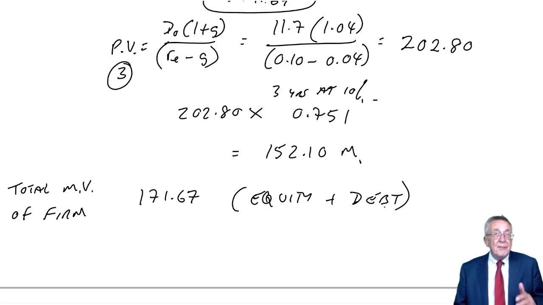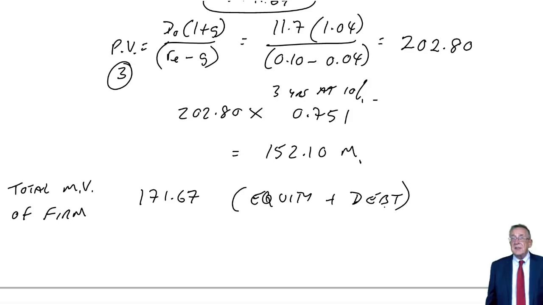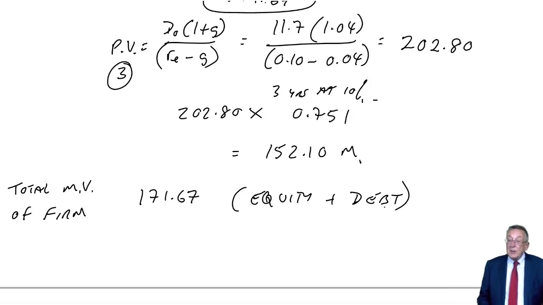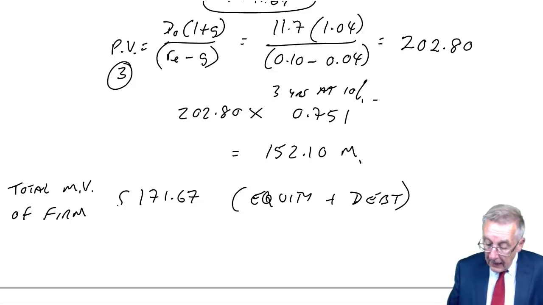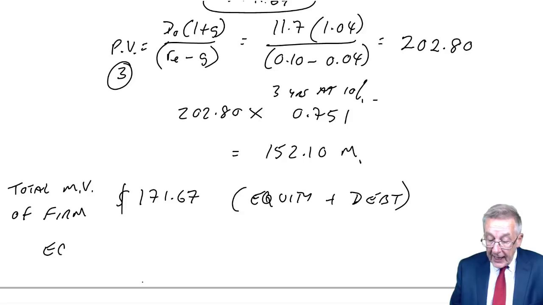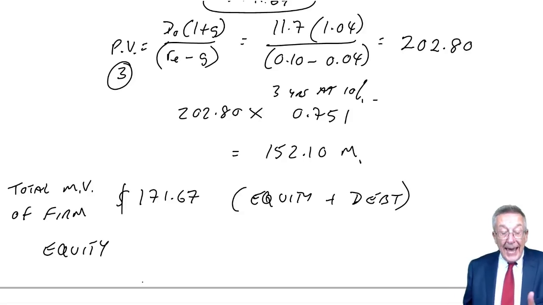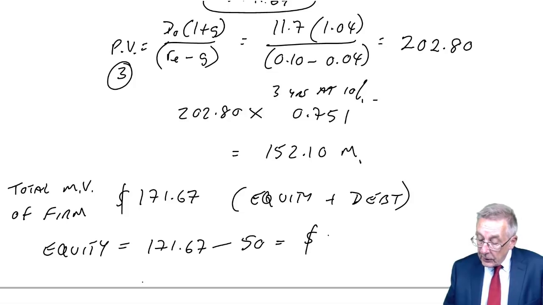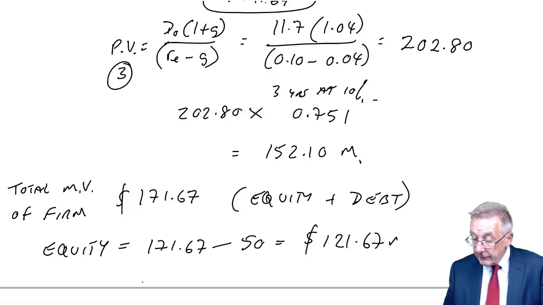We took the total cash available for equity and debt lenders, discounted, and we get the total market value, equity plus debt. And in this particular one, it tells us that we do have debt. The debt has a market value of 50 million, in which case the market value of the equity, if the total is 171.67, subtract the debt, is 121.67.